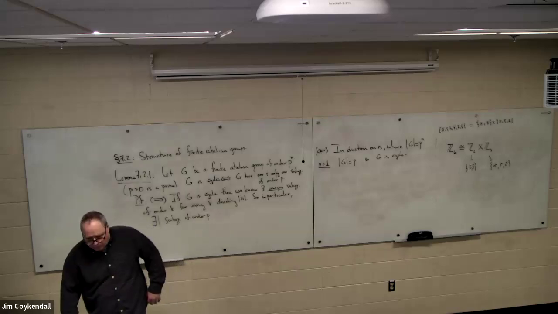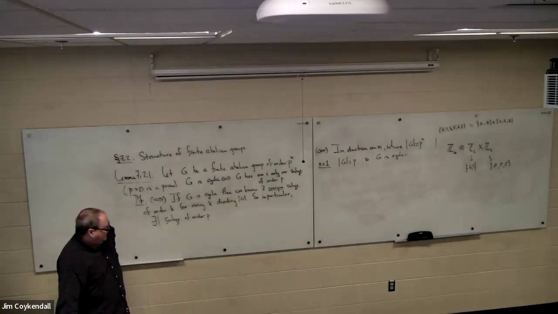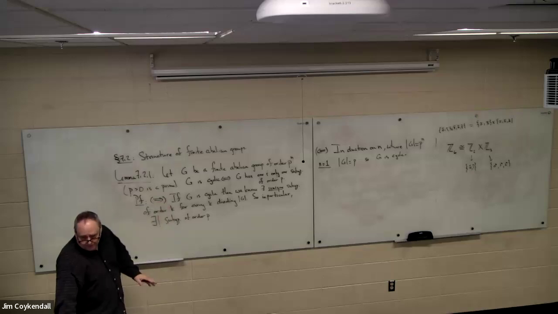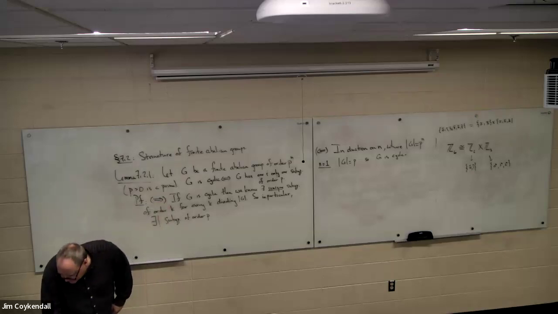I'll start with n equals 1. Well, if the order of G is P, then G is cyclic. We already know that. So we've got the conclusion there. So the one case is done.